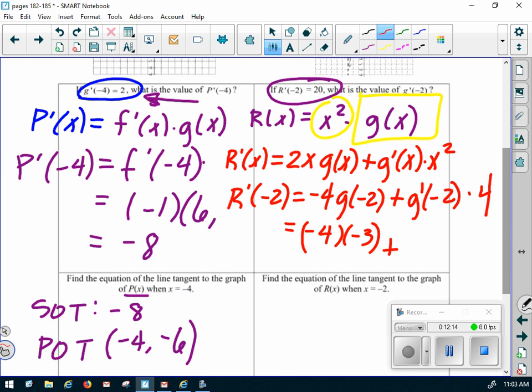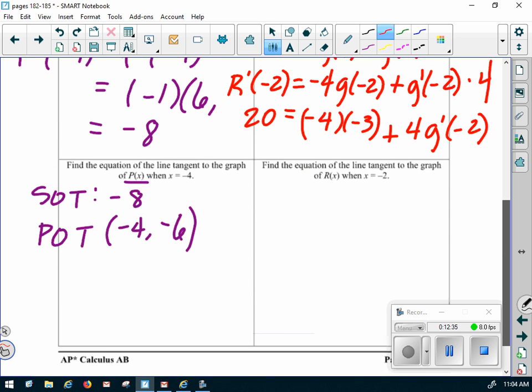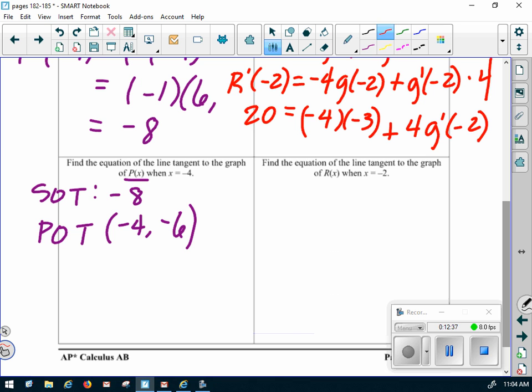That's what I'm looking for, isn't it? 4 times g prime of negative 2. But I can fill this spot. What's r prime of negative 2? 20. There you go. That's algebra. So algebra it, and figure out what g prime of negative 2 is.